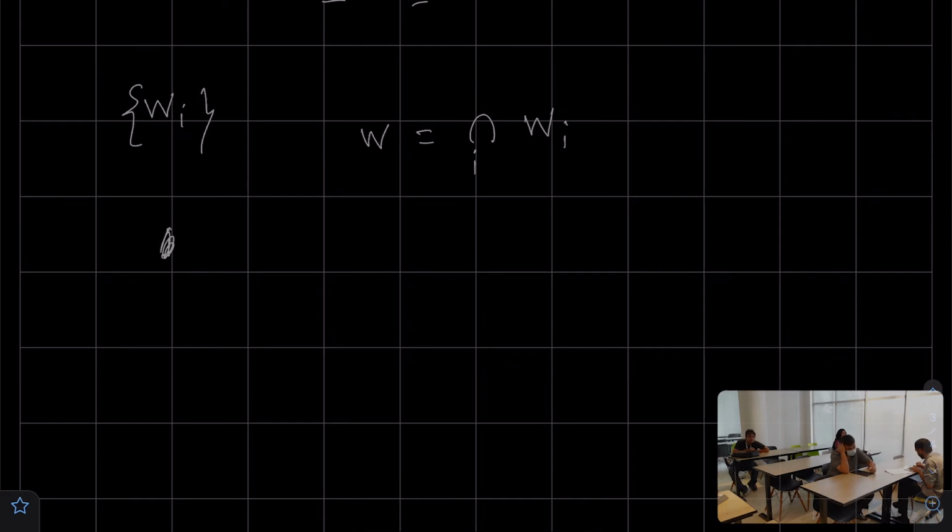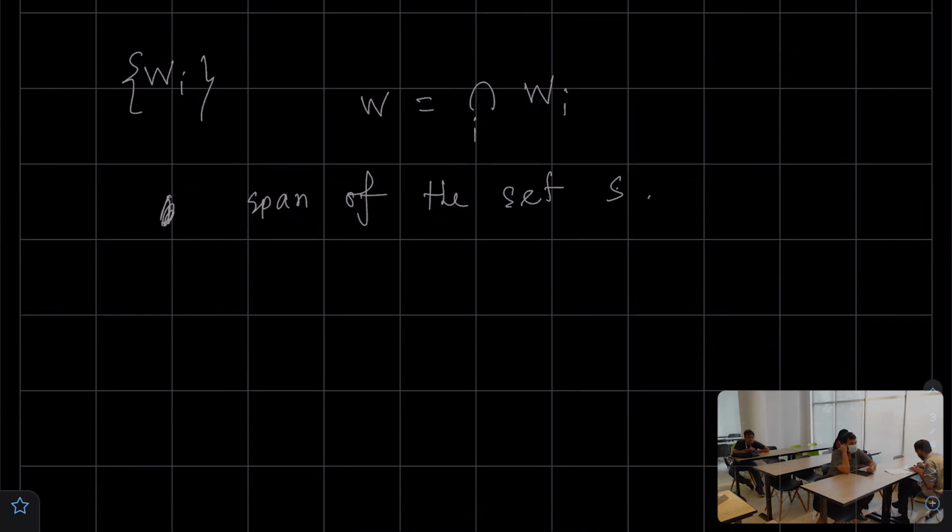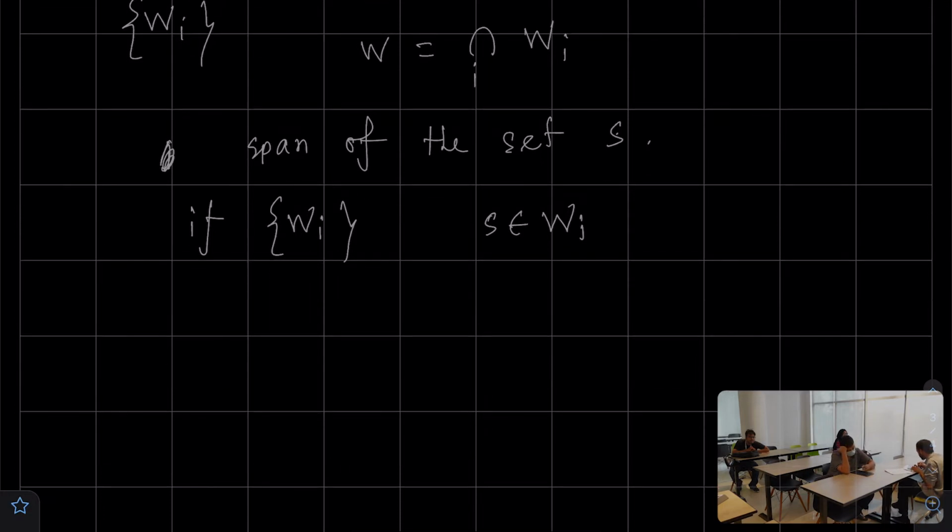If the Wi are the subspaces that contain the set S, then every element of S belongs to each and every Wi. So the span is defined to be W equals the intersection of all these Wi. Okay.